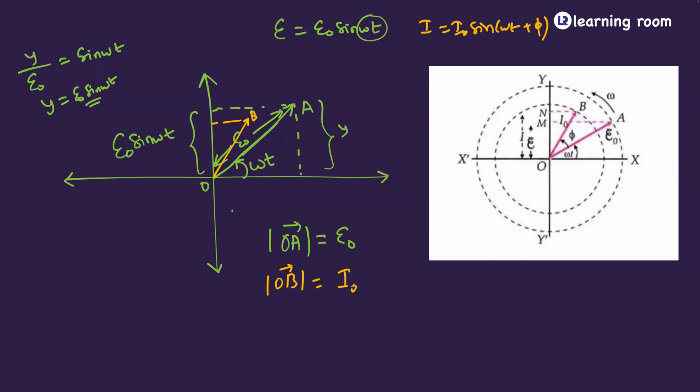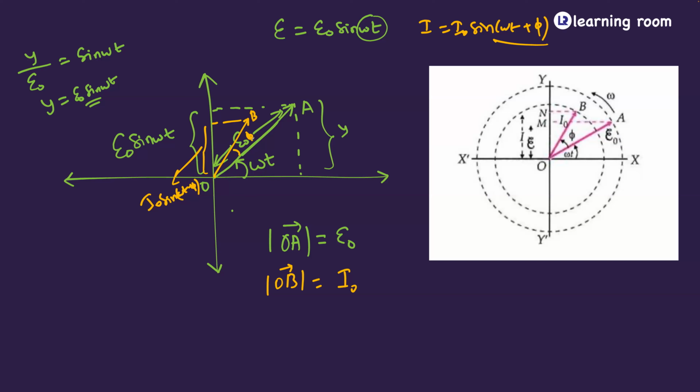I naught. So if I drop a perpendicular from B to y-axis, it will be I naught sine of omega t plus phi. Then if this is omega t, then how much will this be? Phi. Now connect all the dots.